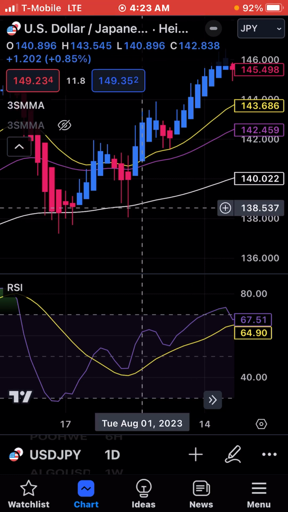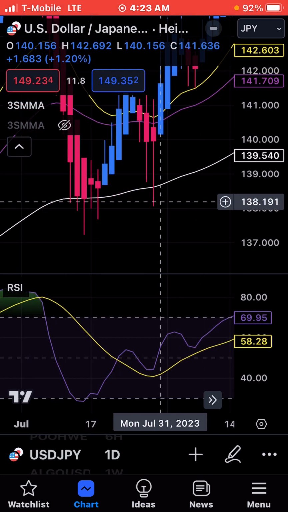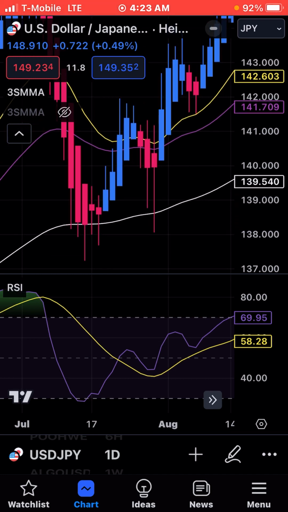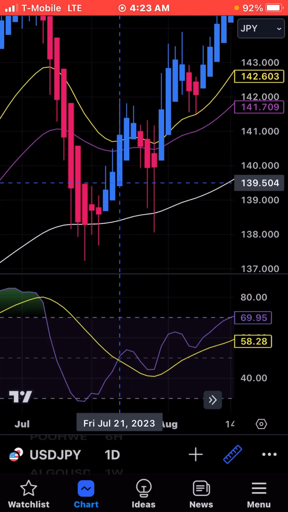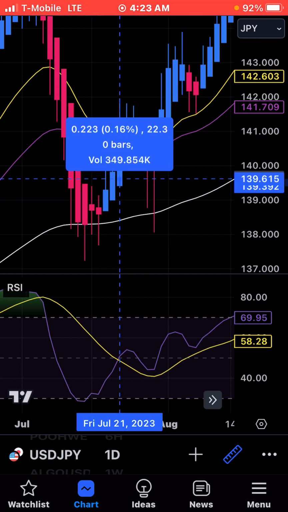In this situation, we're still doing this on the day. If you did this on the day, you would have got in right about here with this candle. If you wrote this out just for a little bit, just this little bit right here is 223 pips. That is a good amount per day.